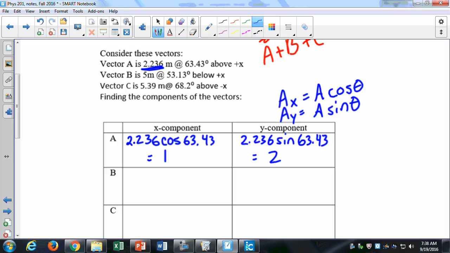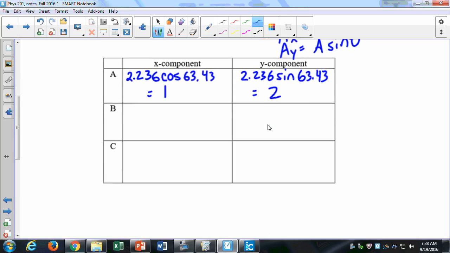I want you to take a moment and just find the x and y components of B and C on your own. I'll give you a minute or two and then I'll jump in there. So find the x and y component of B and the x and y component of C. And then if you finish that, go ahead and find the x and y components of R. Go ahead and find Rx and Ry.